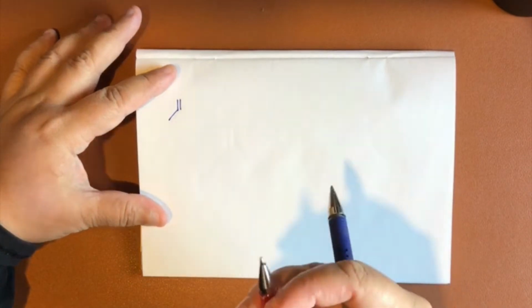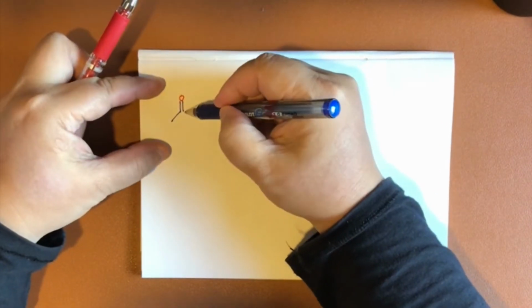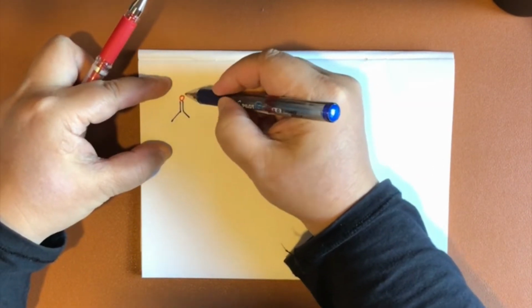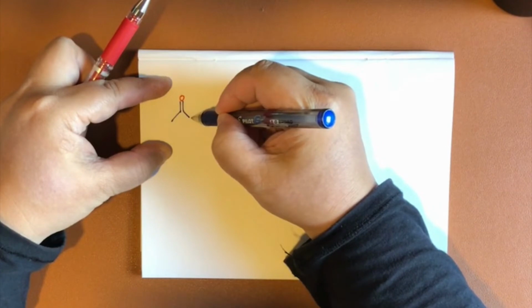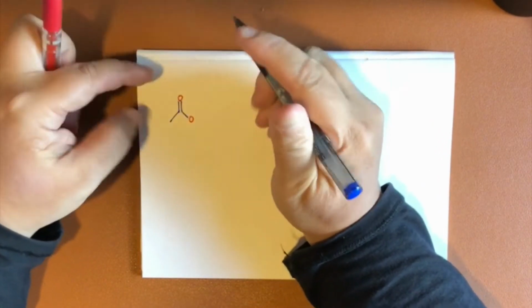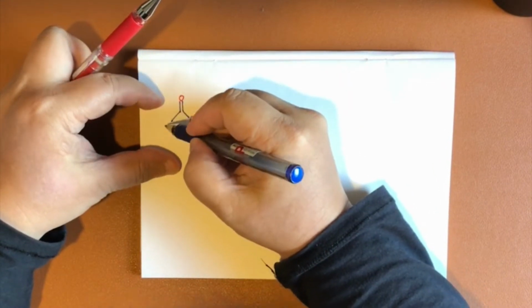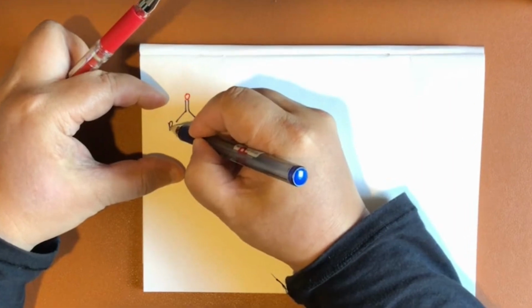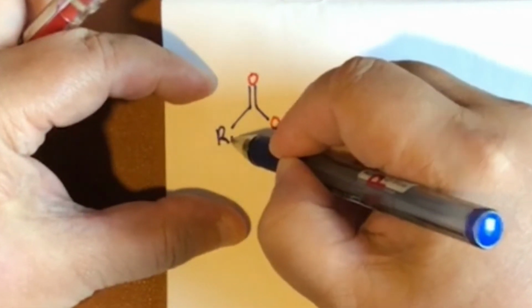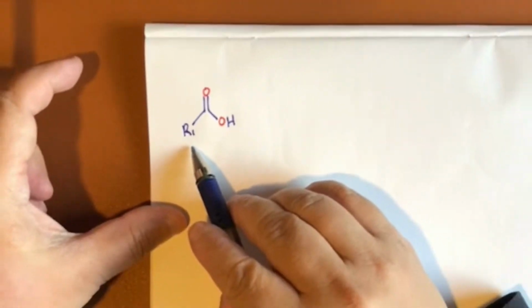Again I'm going to use the red pen to show that the oxygen is coming from the carboxylic acid. I'm going to have just a simple R1 to denote that this first R group is coming from the carboxylic acid.